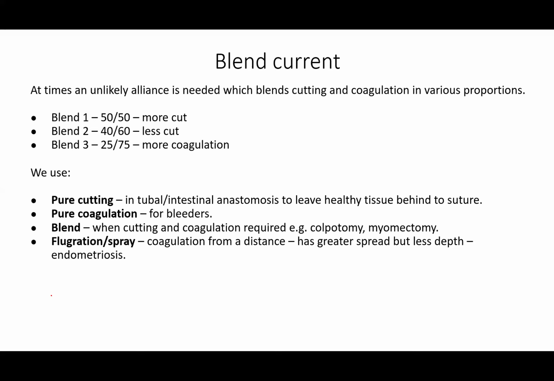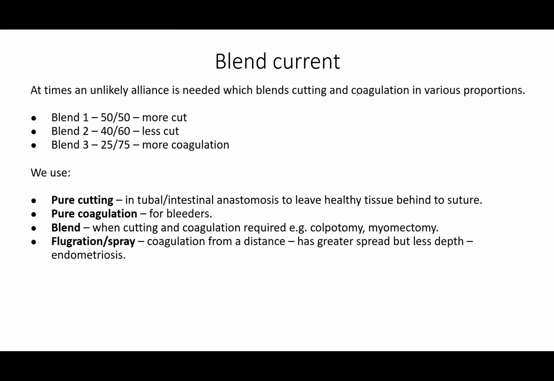So if you press the knob on blend 1, it has 50-50 of cutting and coagulation, but it cuts more. Blend 2 is 40-60, it cuts less. Okay. Then blend 3 is 25-75, it has more coagulation. This is very important because you see some diathermy machines with all these labels. You should understand the meaning of all these things.